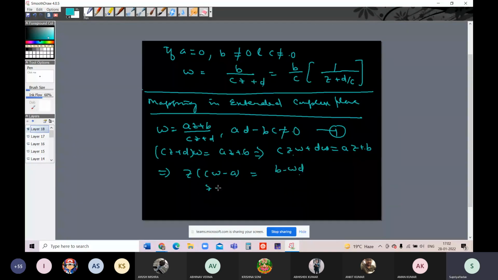Z will be (B − WD)/(CW − A). So this is another form of the same map where we are writing Z in terms of W.